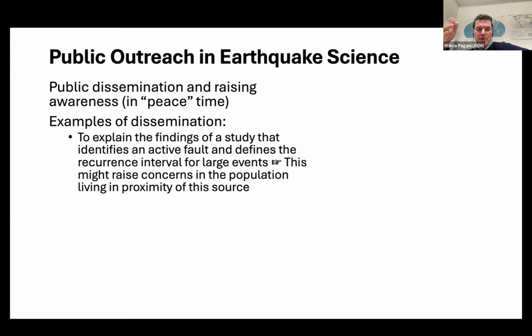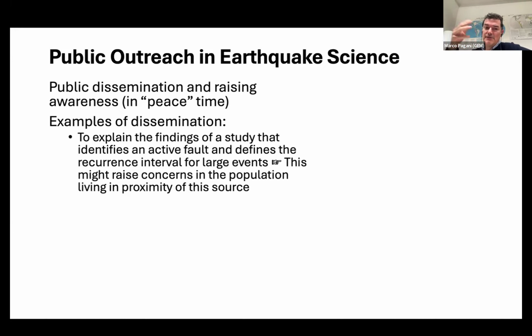I know, for example, of a case of the San Ramon fault in Santiago. So the scientists published a new paper in which they were changing substantially the interpretation of the behavior of that fault, raising considerably the hazard.